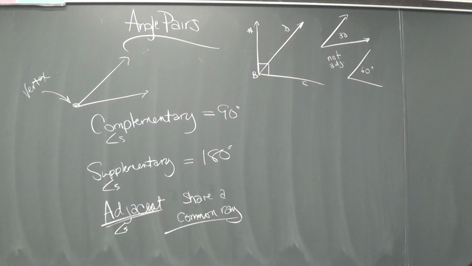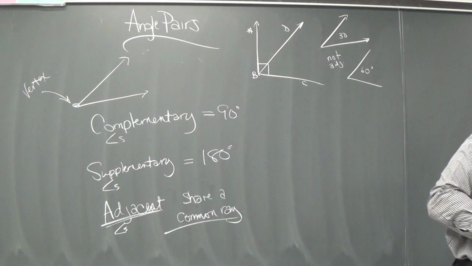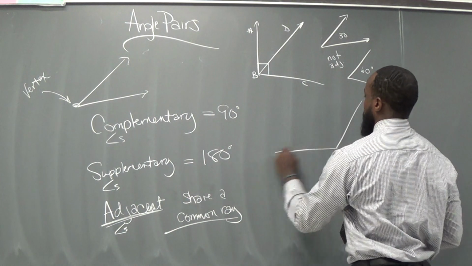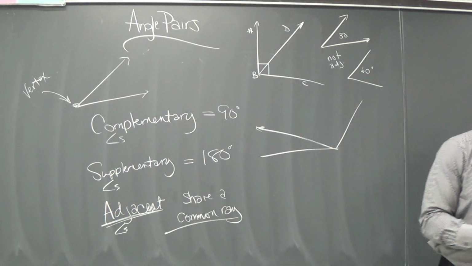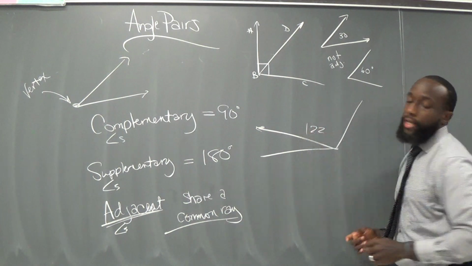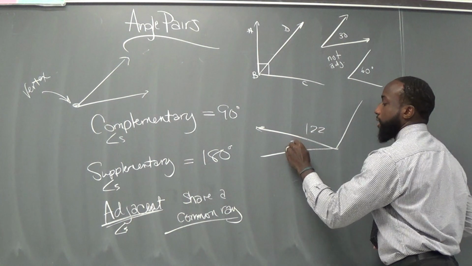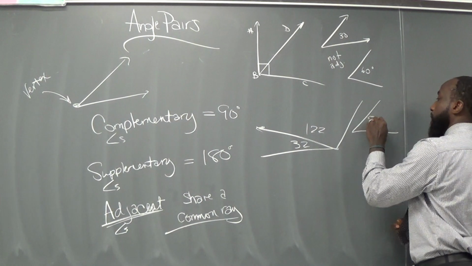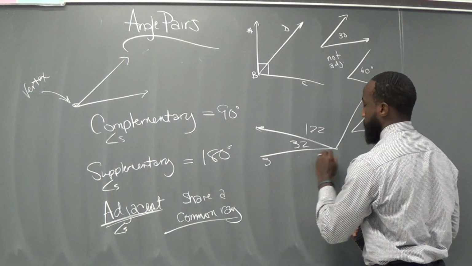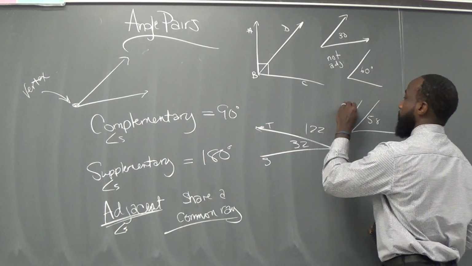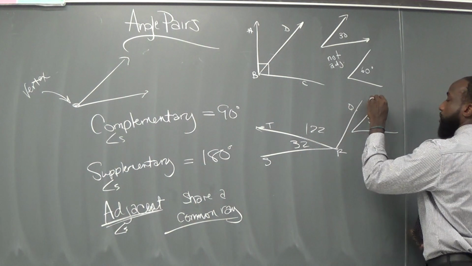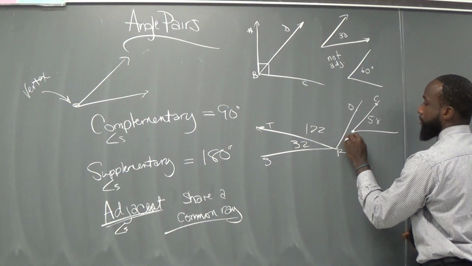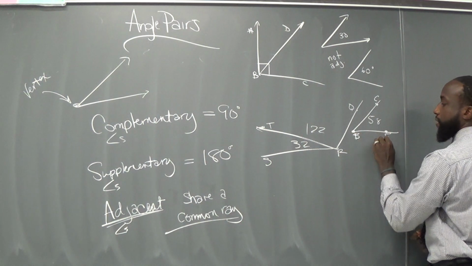Let's try to identify complementary and supplementary. So if I had this situation here, with an angle like this that says 122, and this is 32, and then I say this is 58, and let's say S, R, T, Q, and this is C, B, F, CBF.